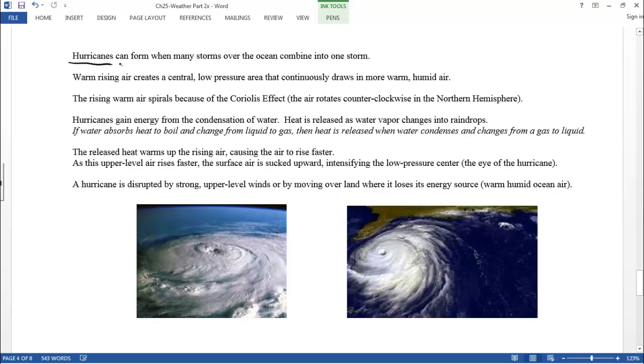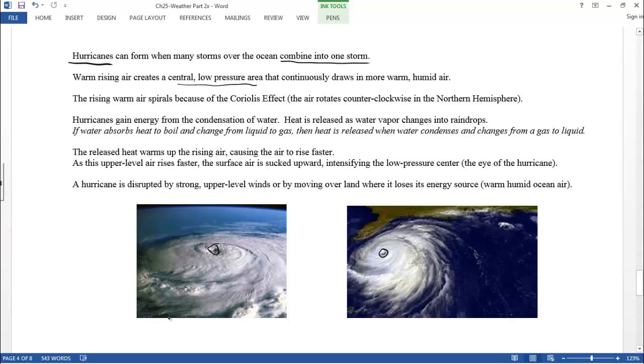Hurricanes form over the ocean when several thunderstorms merge and combine into one storm. And so each thunderstorm had its own updraft. Well, they merge into one central location where you get a low, very low pressure area. And that's going to continuously draw in more moist, humid air from the surface.